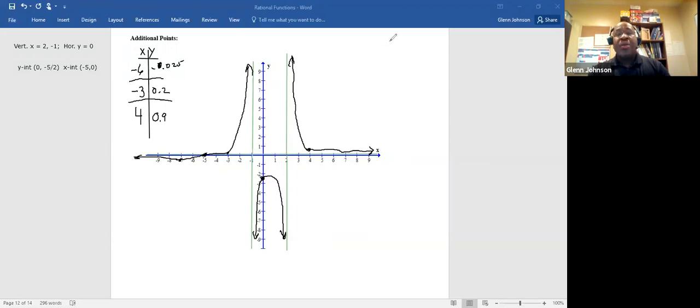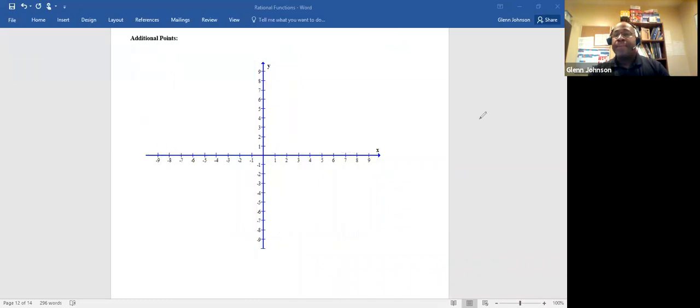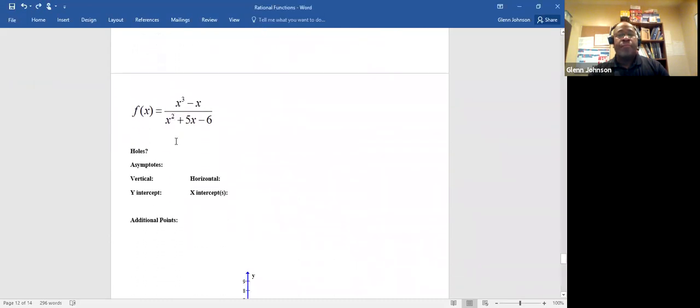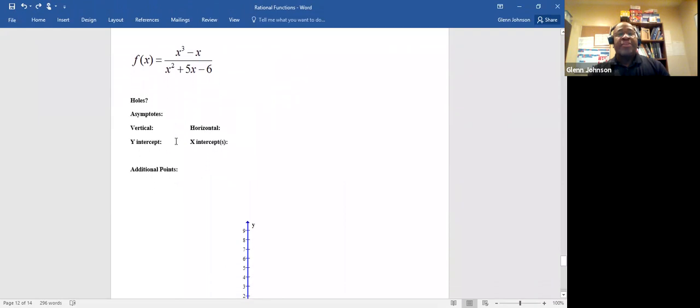Now, let's take a look at one more example. All right, so for this example, we have the function f of x = x³ minus x over x² plus 5x minus 6.